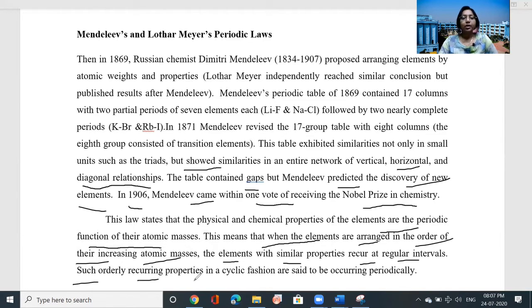Such orderly occurring properties in a cyclic fashion are said to occur periodically. The same property comes in a cyclic way, and that is called periodicity.